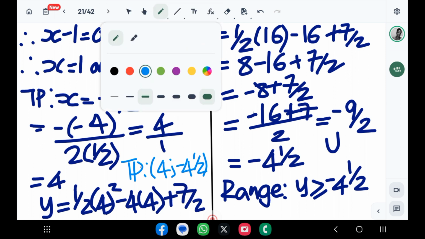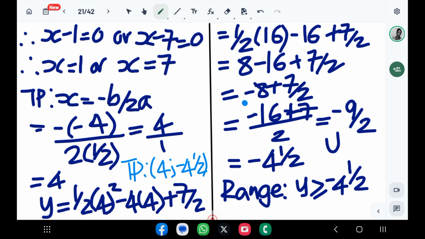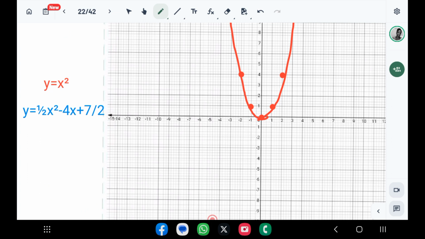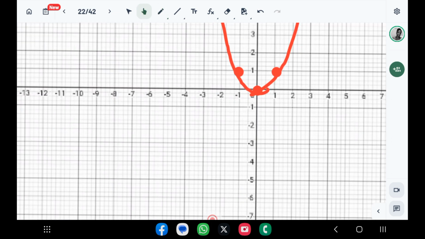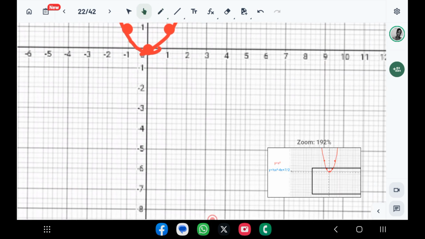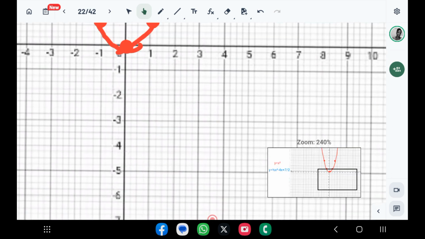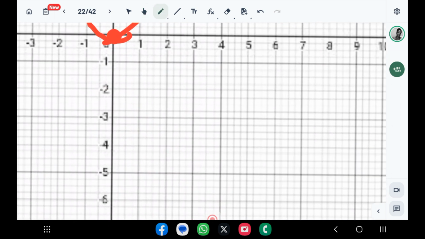Let's plot that one first. The turning point, 4 and negative 4 and a half. Here is the point. Let's put it right in the middle.